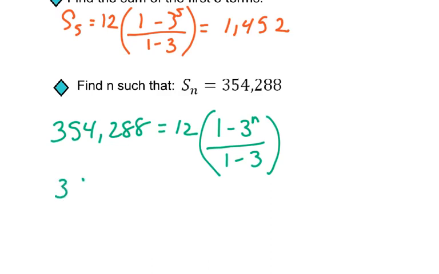So 354,288 is going to be equal to, well, 1 minus 3 is negative 2. 12 over negative 2 gives us negative 6. And then 1 minus 3 to the n. I'm going to go ahead and divide both sides by the negative 6.